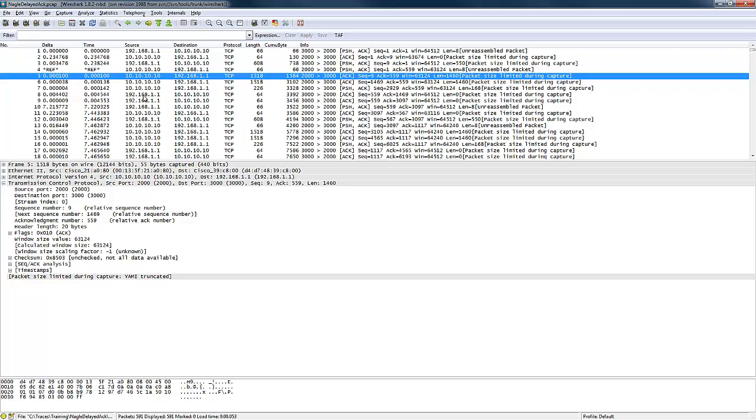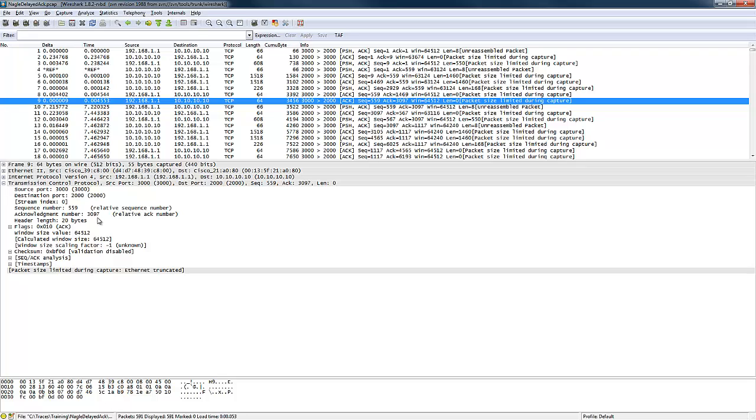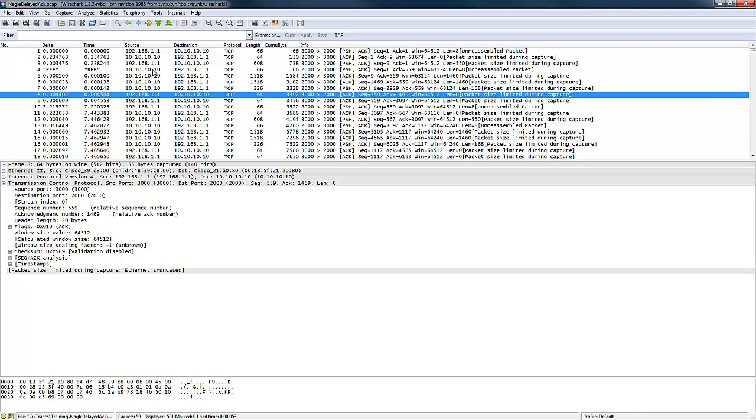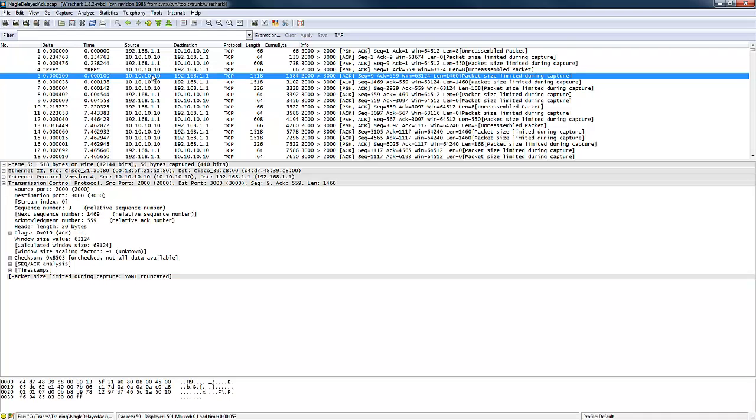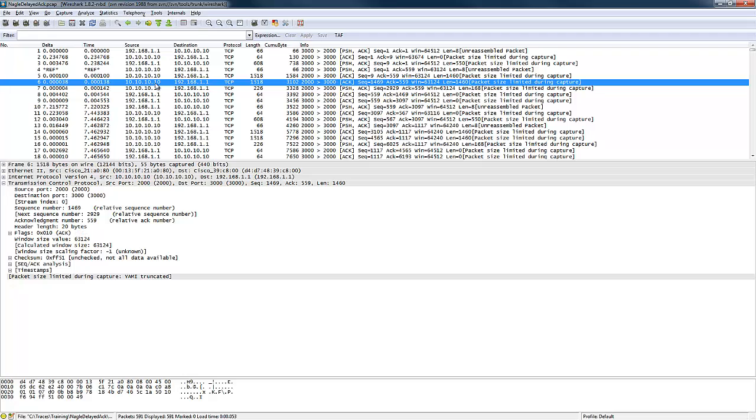Okay, that's what the next expected sequence number means. So let's take a look at the acknowledgement number. Sure enough, the acknowledgement number is 1469. The acknowledgement number for the next packet here is 3097. Why? Because packet number 8 acknowledged these two packets, 4 and 5. 6 and 7 arrived. When 6 arrived, we didn't acknowledge it because it's a single packet.